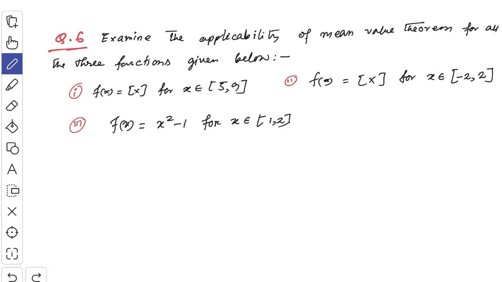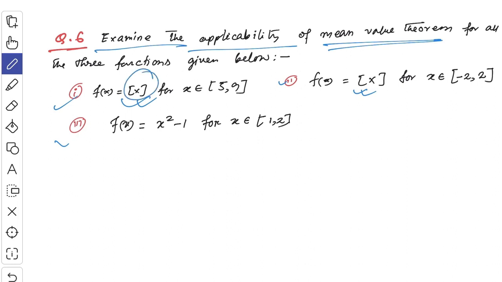So here is question number 6. Now we need to examine the applicability of mean value theorem for these three functions. So for these three functions, is mean value theorem applicable or not? Now you see these two are greatest integer functions, as already we have done in question number 2 for Rolle's theorem.